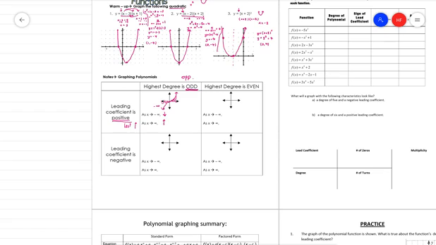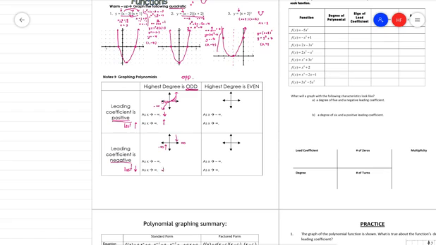Then when the lead coefficient is negative, the last is down. So as x approaches negative infinity, we would be up, because they have to be opposites, and down for positive infinity.